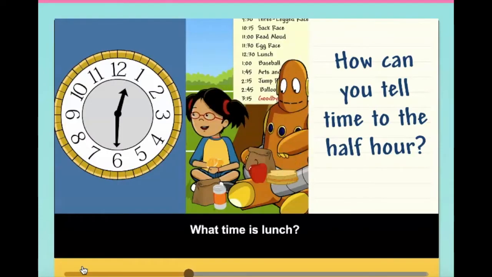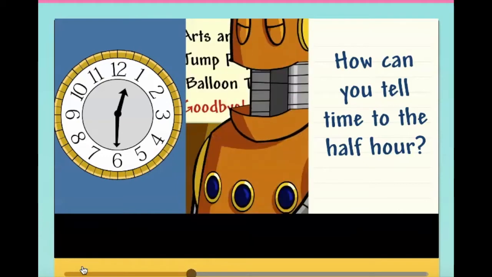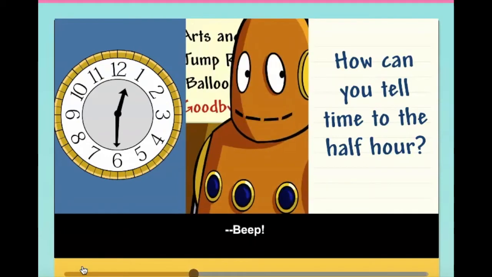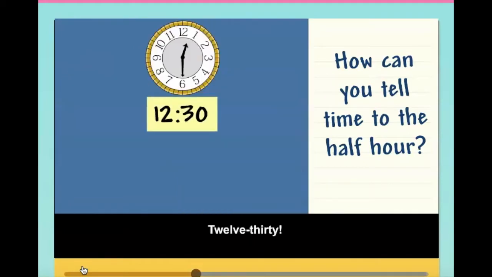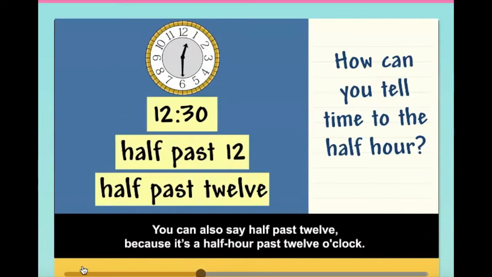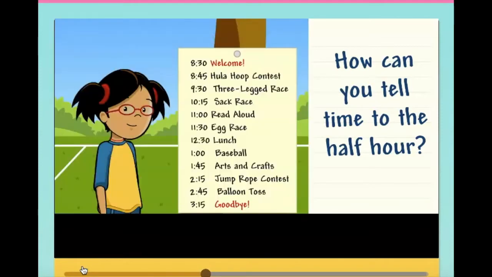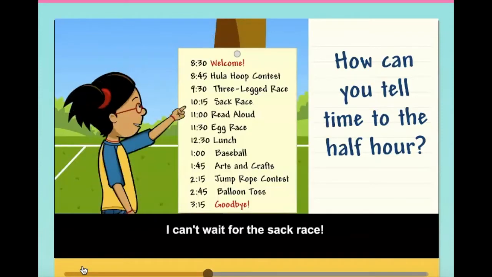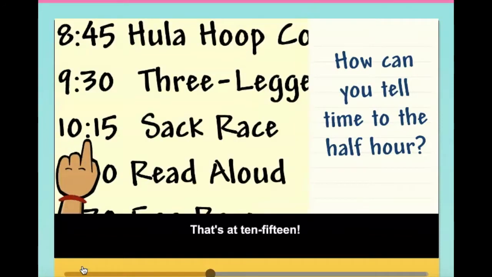What time is lunch? "12:30. You can also say 12:30, because it's a half hour past 12 o'clock. I can't wait for the sack race. That's at 10:15.